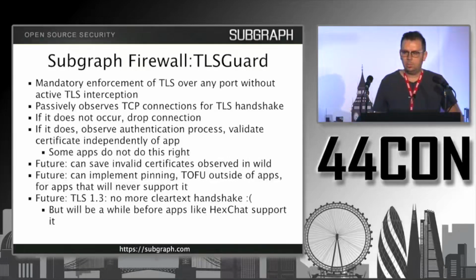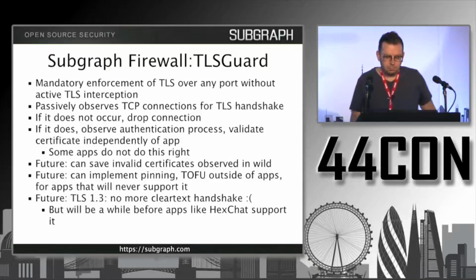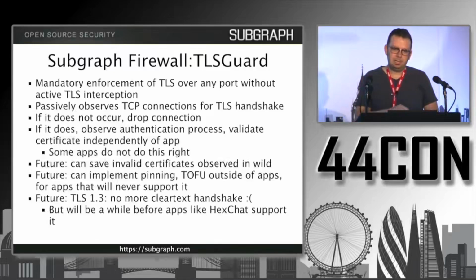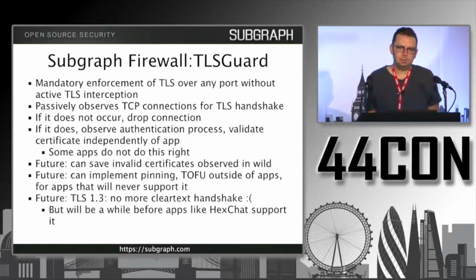What we do, and this is only in Subgraph Firewall, is we observe the TLS handshake. First of all, if there's no magic byte that says this is TLS, we drop it immediately if that's the policy. Further, the firewall daemon continues to observe the handshake, grabs the server certificate, and validates it independently of the application, because some applications maybe don't do a good job of validating certificates.